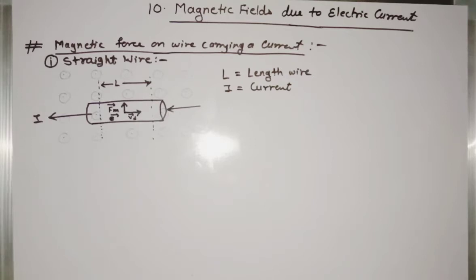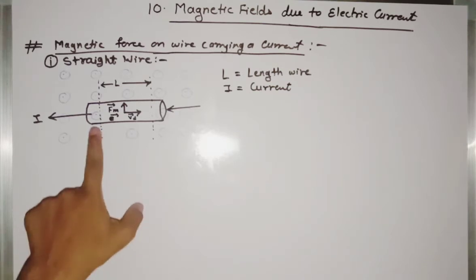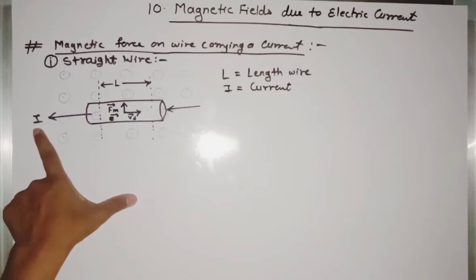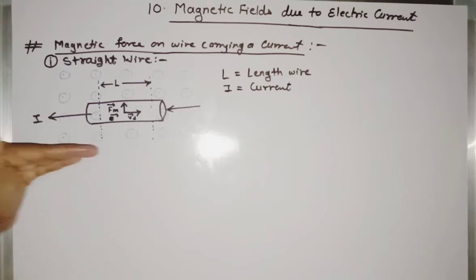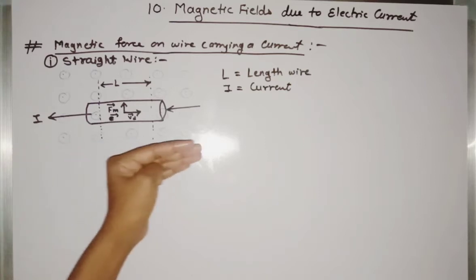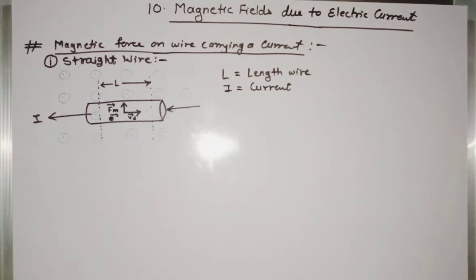As we know, the flow of charges is exactly opposite to the direction of current flow. So the charges will move along this way.